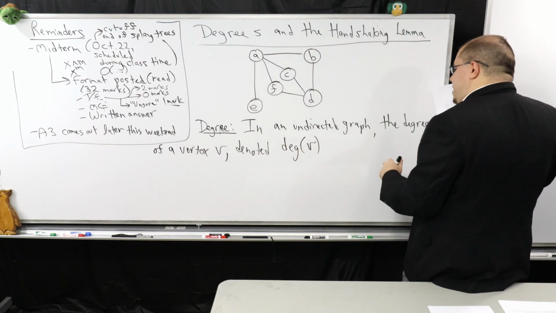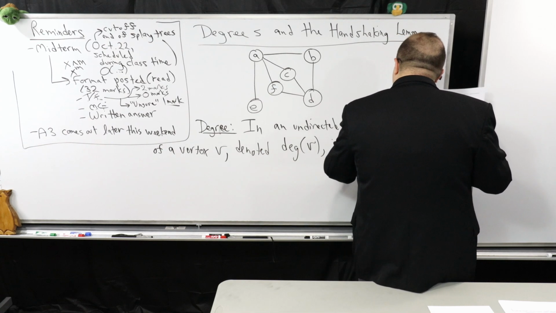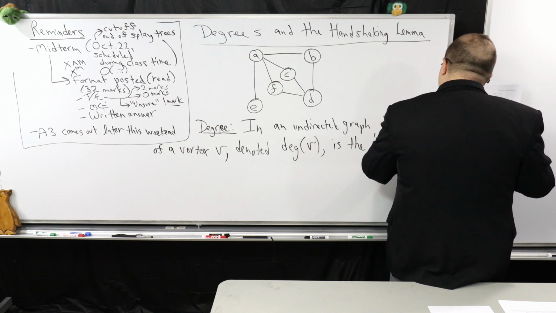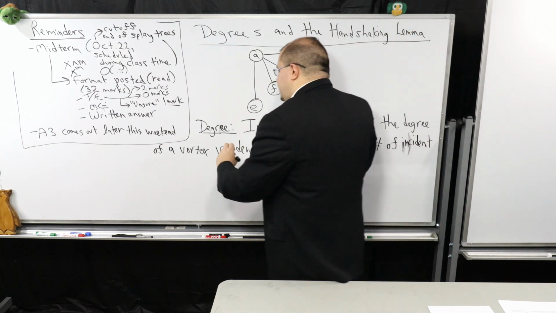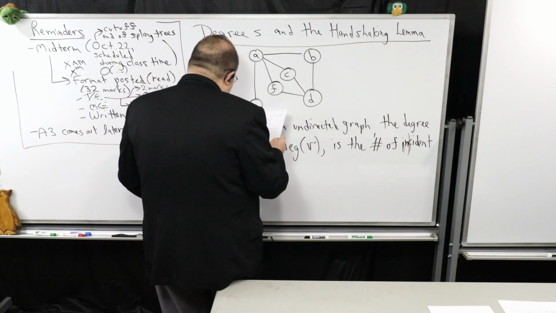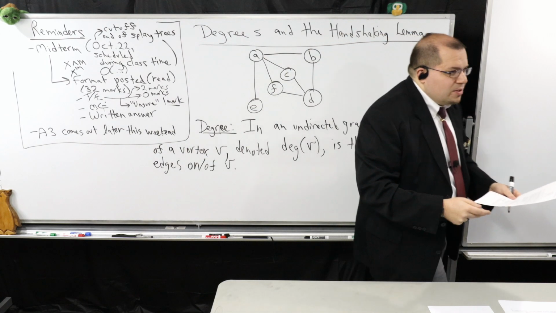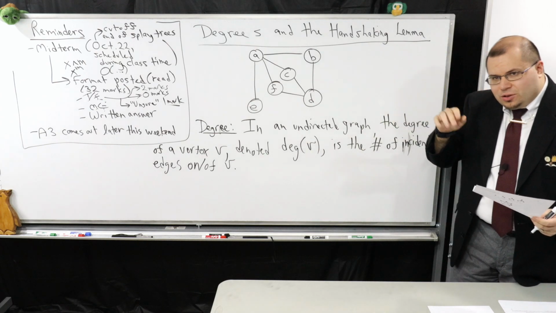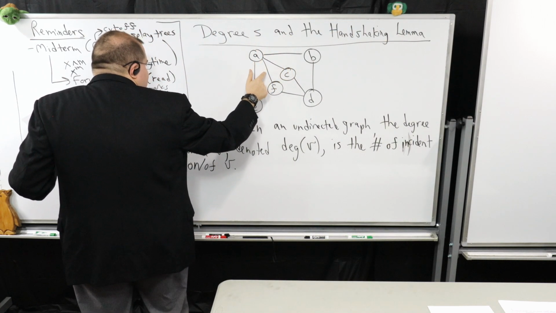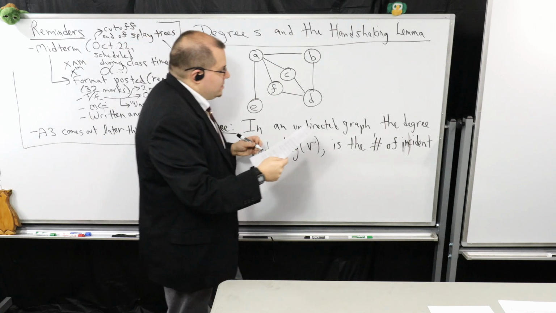That's how I'm usually going to denote the degree of a vertex V. Another way you could think about this is if I look at all the edges that are incident on A, so this one, this one, this one, and this one, I want to know how many edges there are incident on this vertex. So for example, if I look at the degree of A.